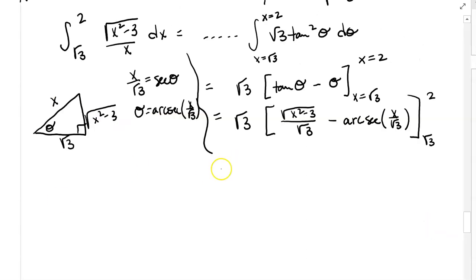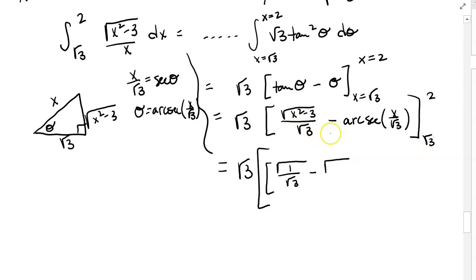So from here, I get the square root of 3, and I'm going to go term by term. For the first part, we'll have the square root of 4 minus 3, which is 1, over the square root of 3, minus the square root of square root of 3 squared is 3, minus 3, over the square root of 3.